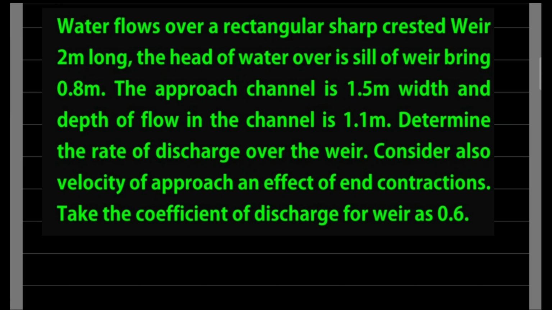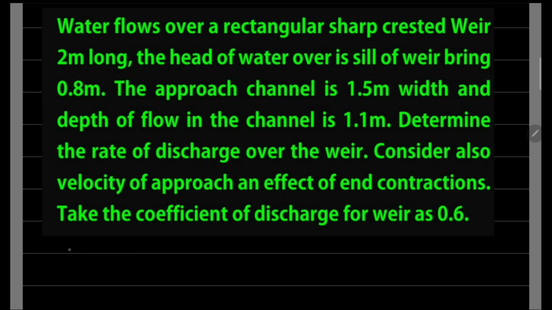The problem says that water flows over a rectangular sharp crested weir which is 2 meter long, and the head of the water over the sill of the weir is 0.8 meter, and the approach channel is 1.5 meter width, and the depth of flow in the channel is 1.5 meter. Determine the discharge over the weir. Consider also the velocity of approach and the effect of the end contractions. Take the coefficient of discharge of the weir as 0.6.